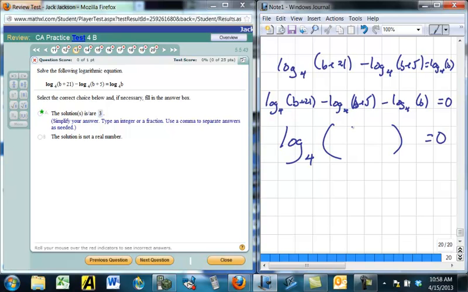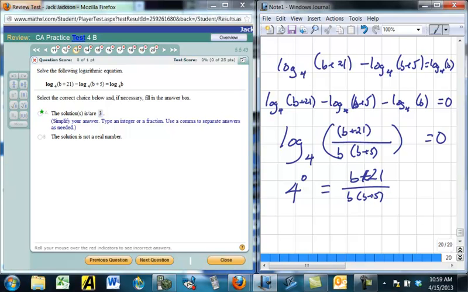And the ones that have b plus 21, they'll have a positive coefficient, go to the numerator. The ones that have negative go to the denominator, so that's b, and this is b plus 5, and they're multiplied like that. Now rewrite this as an exponential. 4 to the 0 equals b plus 21 over b times b plus 5. 4 to the 0 is 1.